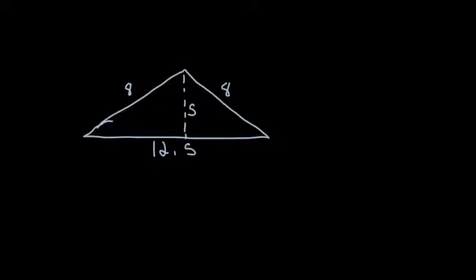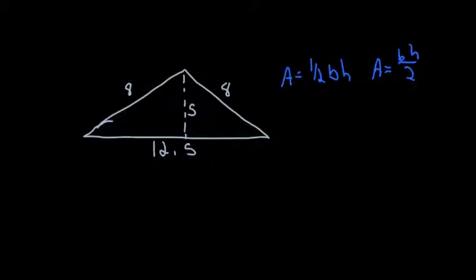Alright, so let's do another one. We've got a triangle here, so area equals 1/2 base times height, or area equals base times height divided by 2. So again, our base and height always have to meet at a 90-degree angle.